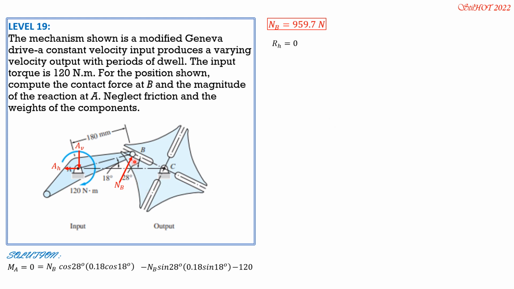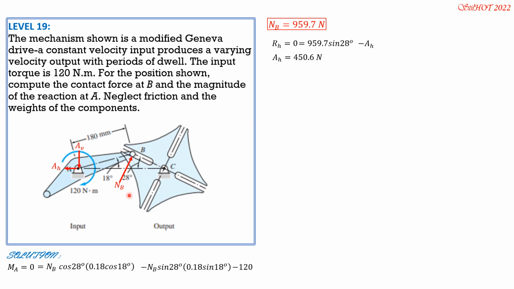Then R horizontal is 0. So the horizontal component of the NB is rightward. So it is NB, 959.7 sine of 28, then minus AH. So we can solve AH: 959.7 sine of 28, 450.6 newtons leftward.